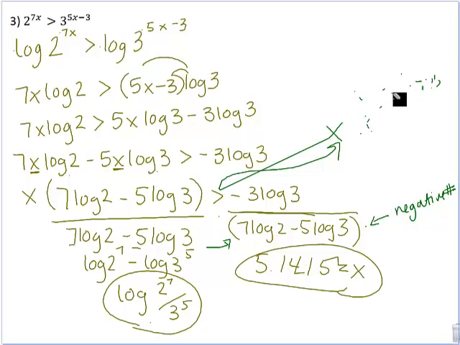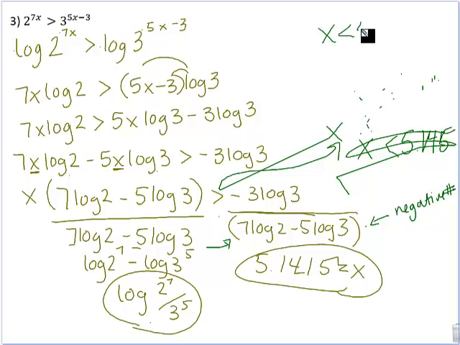So we then got x is less than 5.1415. There we go.